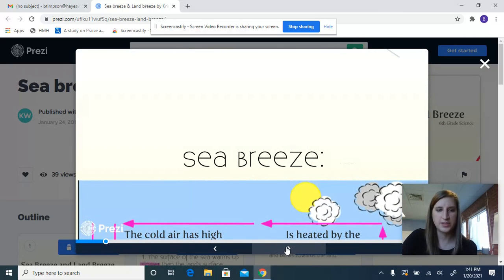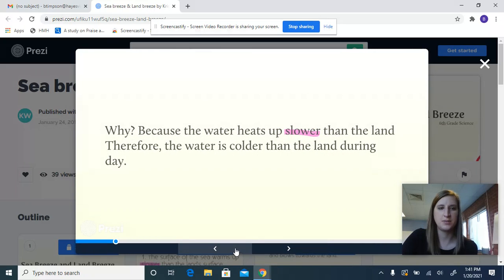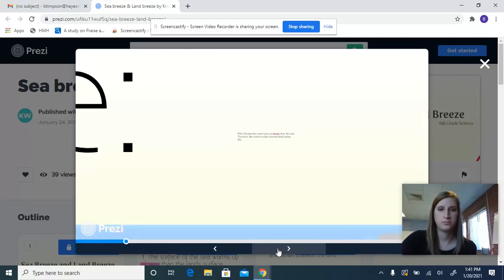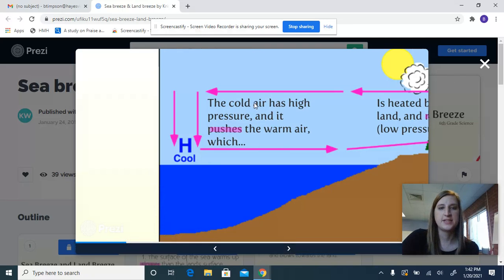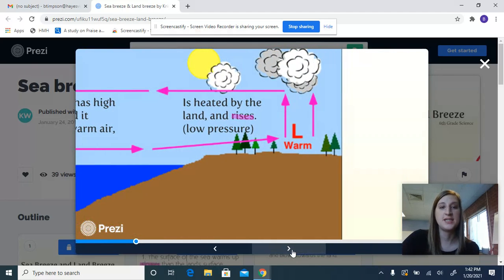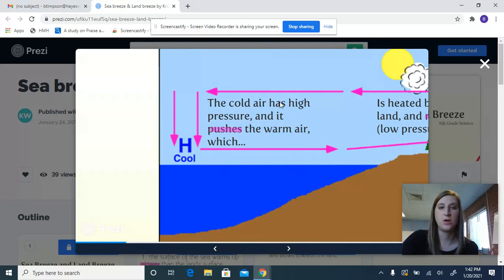So with a sea breeze, let's go in depth a little bit more. Why do sea breezes even happen? Because the water heats up slower than the land, therefore the water is colder than the land during the day. So typically your sea breezes are happening during the day. Right here it says the cold air has a high pressure and it pushes the warm air, which is heated by the land and rises as a low pressure.